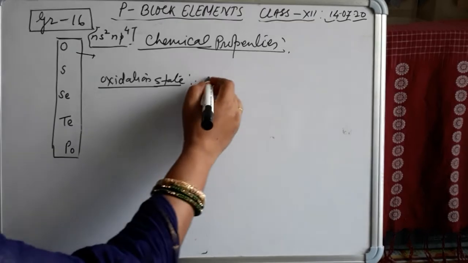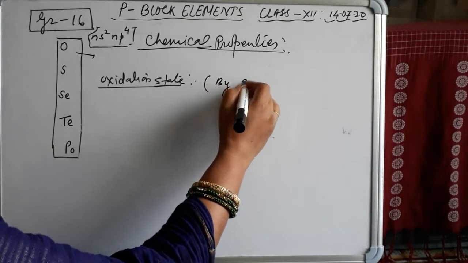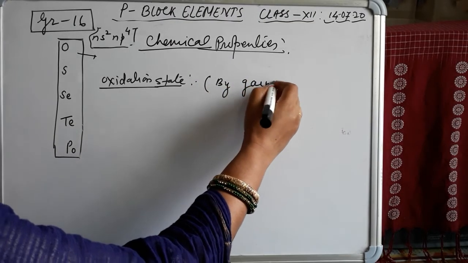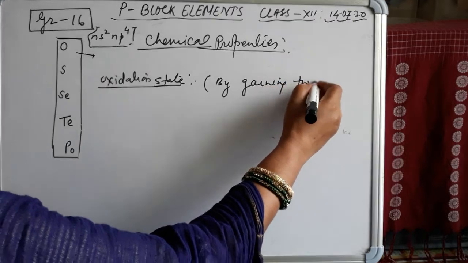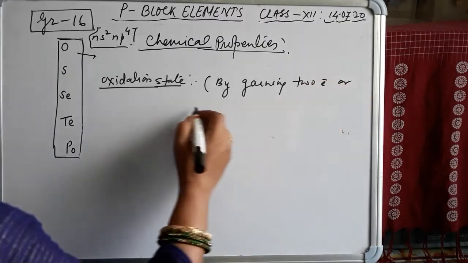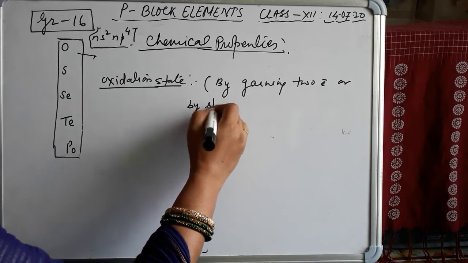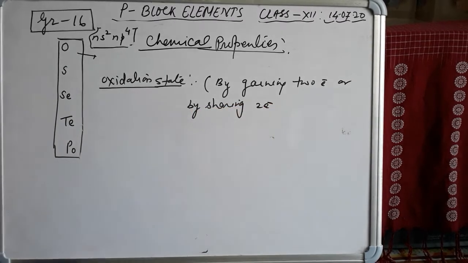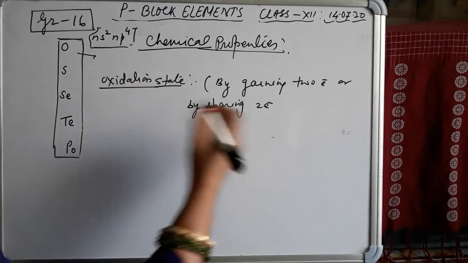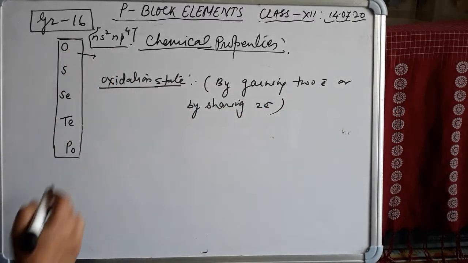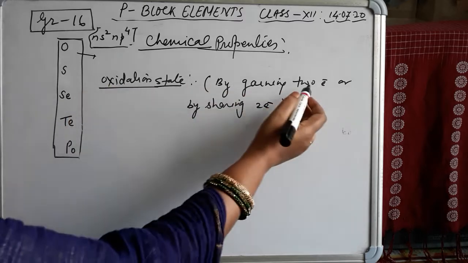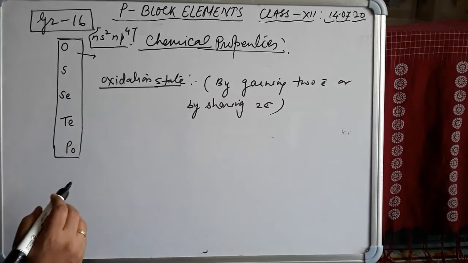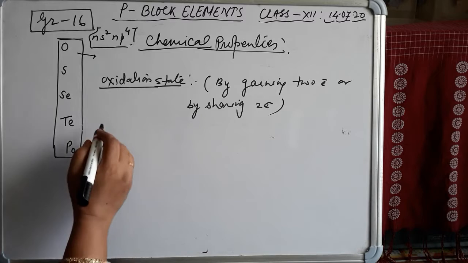By gaining two electrons or by sharing two electrons, they achieve the noble gas configuration. Family members of group 16 attain the noble gas configuration by gaining two electrons or by sharing two electrons.